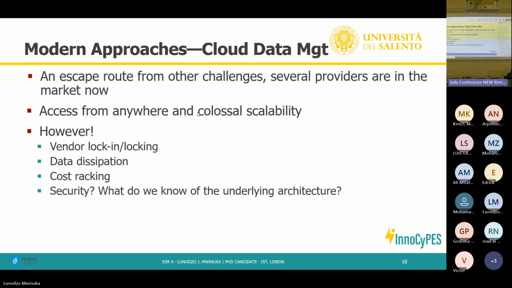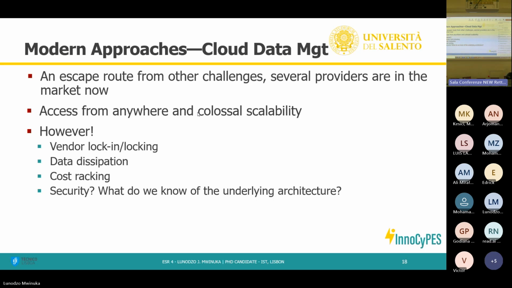Now, there are a few challenges with this, apart from having data dispersion, because managing data consistency in the cloud environment can also be challenging. Vendor lock-in is one of the biggest challenges, because you implement your service, you store a very large amount of data with a certain provider.